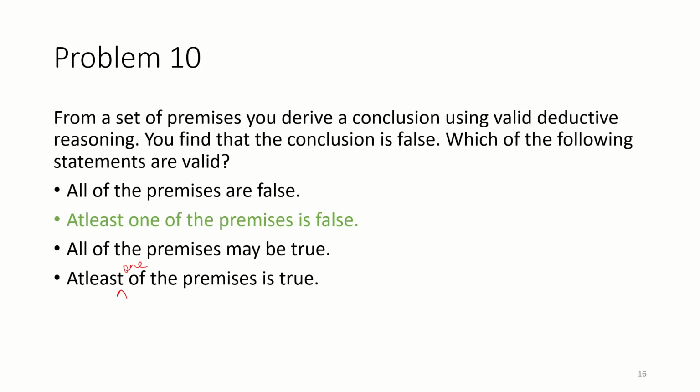Okay. So here, basically, if you have one of the premises wrong, you can have a false conclusion. Maybe we can change it: if you have a true conclusion, then can you say that all the premises are true?